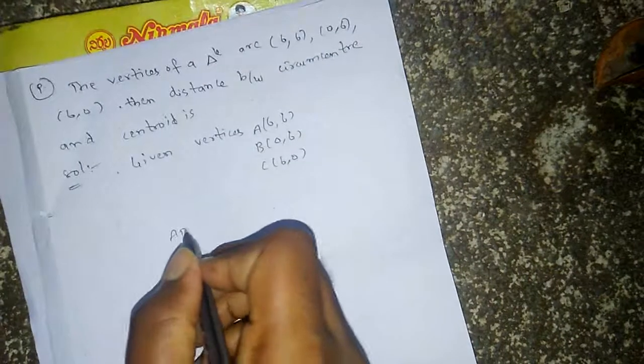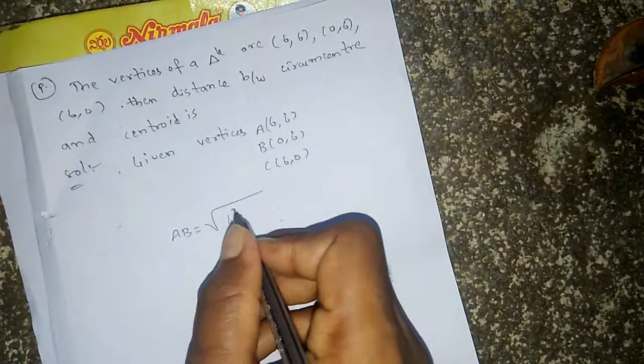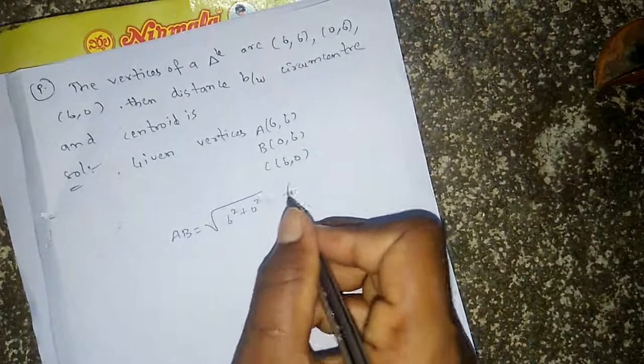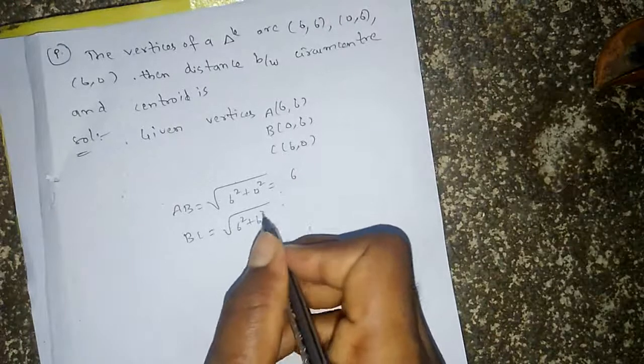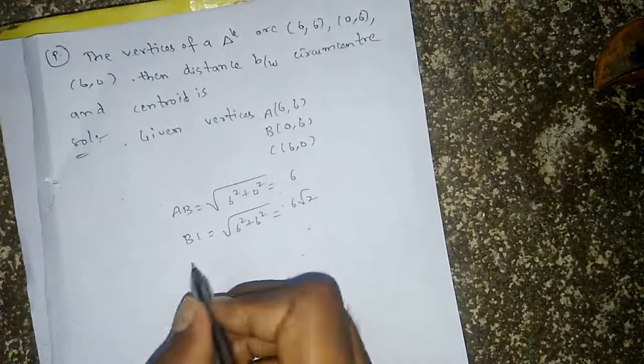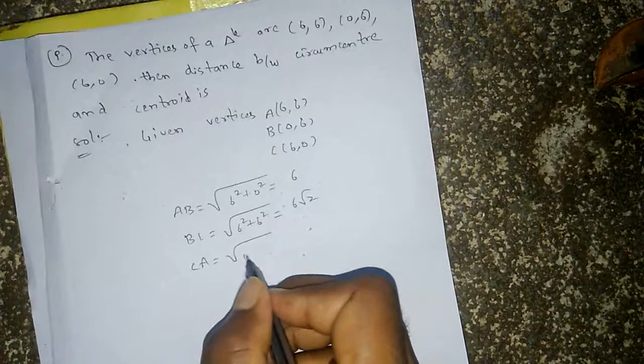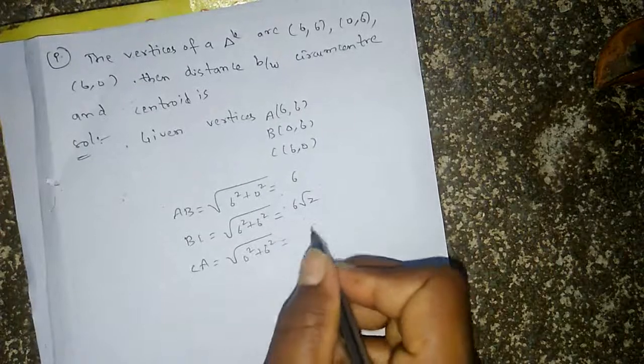Let us find the lengths. AB is equal to root of 6 square plus 0 square, that is 6. BC is equal to root of 6 square plus 6 square, that is 6 root 2. CA is root of 0 square plus 6 square, that is 6.